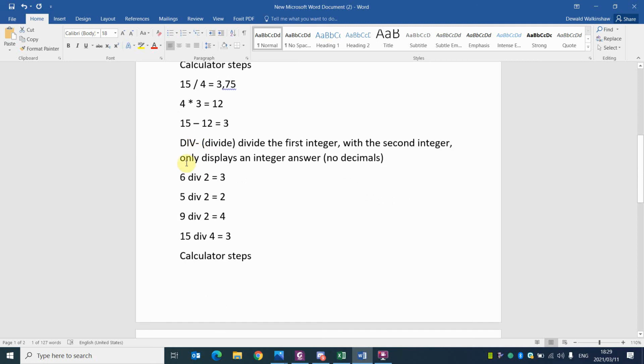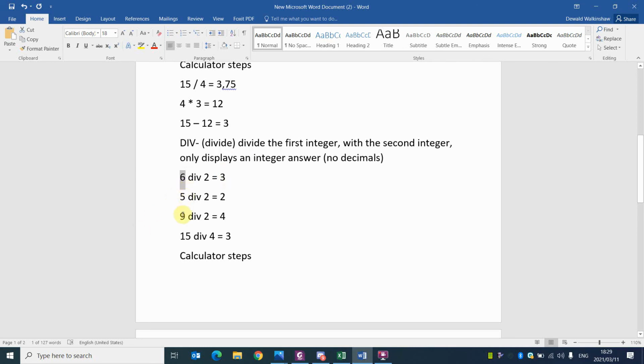Then the next one is div. Div stands simply for divide, but only with integers. The div function divides the first integer by the second integer and only displays an integer answer, so no decimals. You throw the decimals away. 6 div 2 is 3, because 2, 4, 6, it is 3 times.